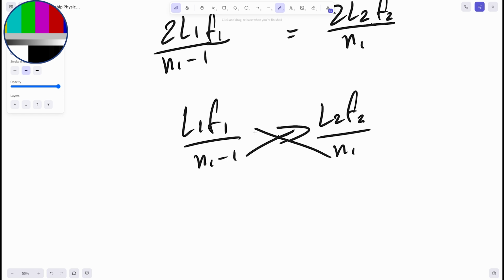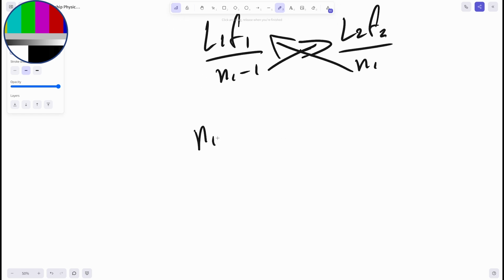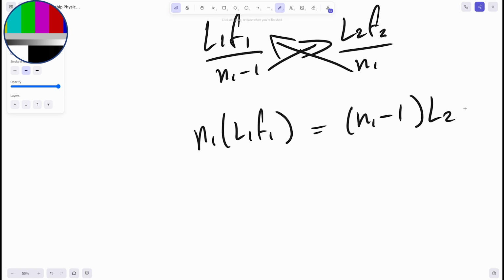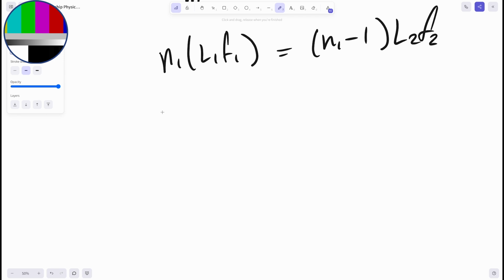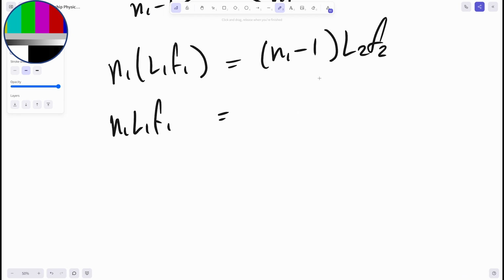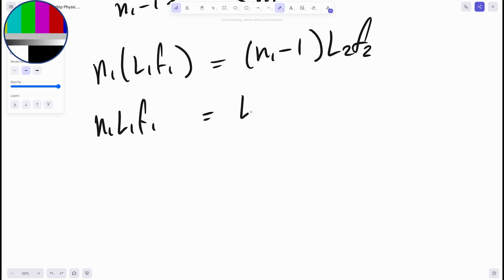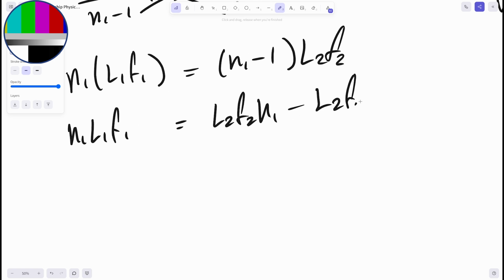Now we can cross multiply, and we get N1 times L1 F1 is equal to (N1 minus 1) L2 F2. So we have N1 L1 F1 is equal to, expanding this out, L2 F2 N1 minus L2 F2.